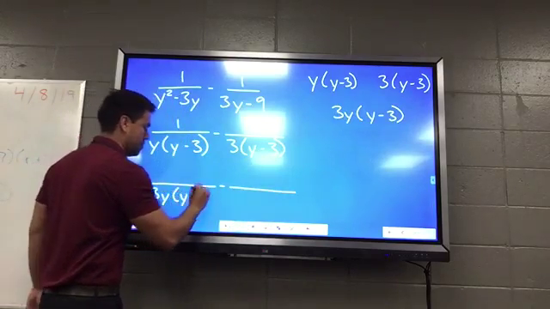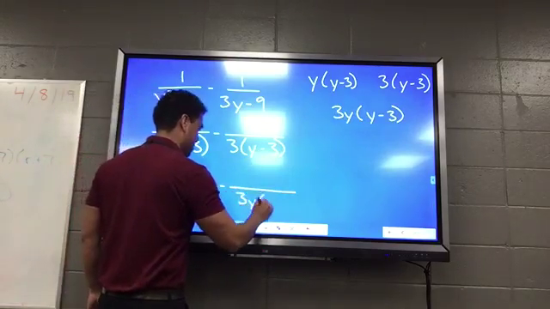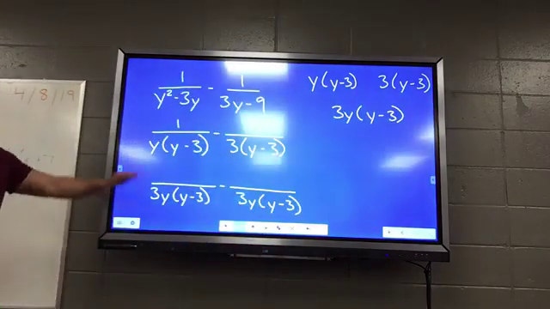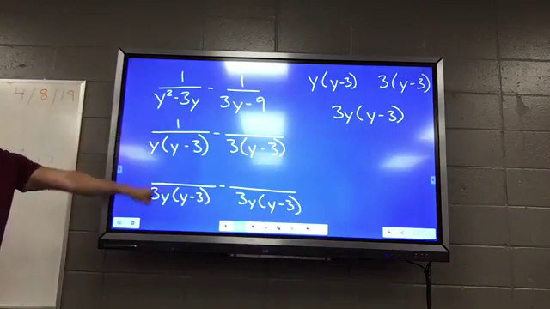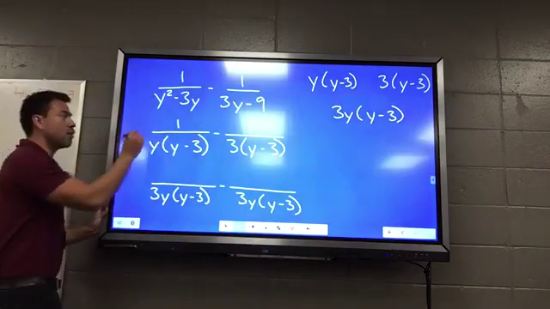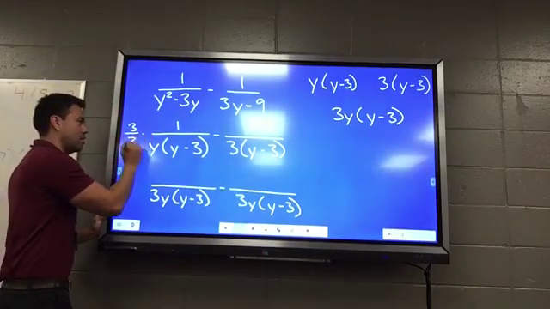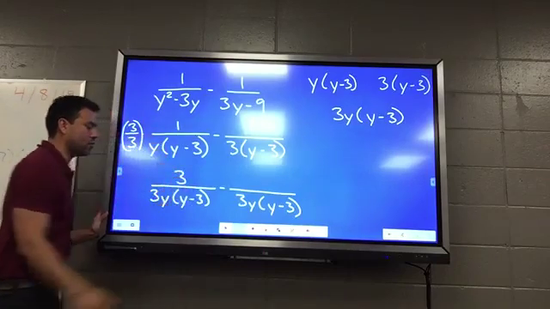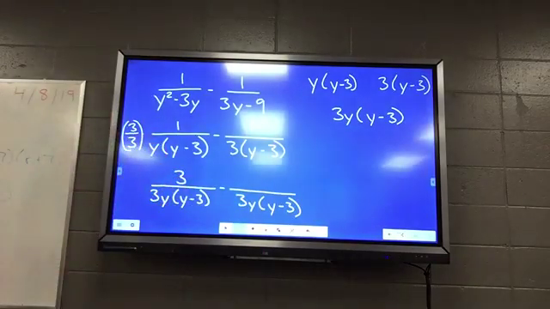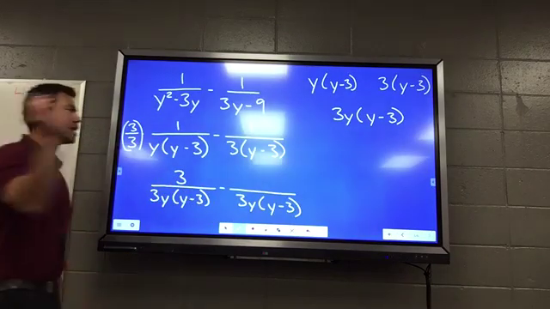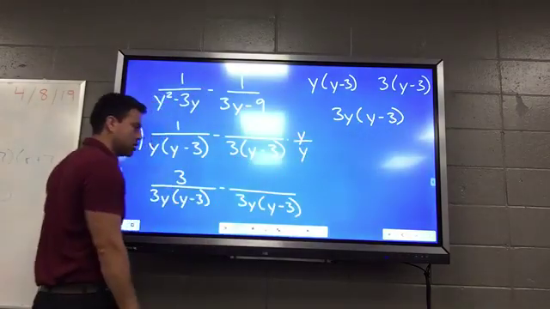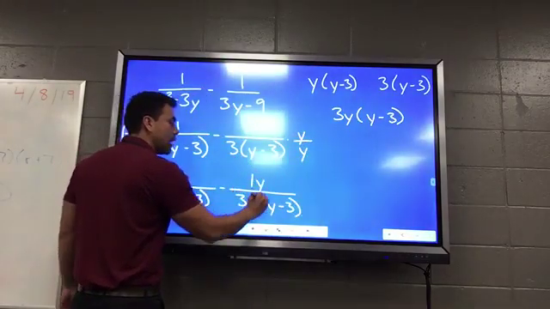What did you multiply the first fraction by to get that denominator? 3 over 3. That gets me 3 over 3y times y minus 3. Good. What did you multiply the second fraction by? y over y, which gets you negative 1y, or negative y.